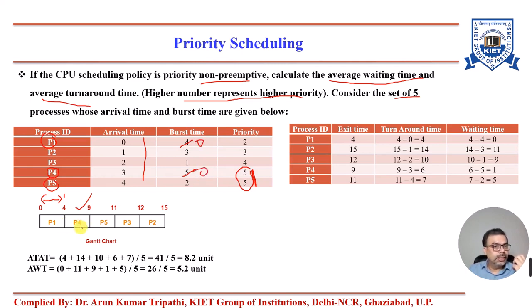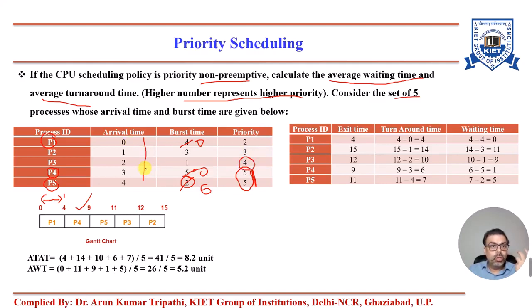So this is the process P4. Then after that there is the priority of P5. Then P5 will execute and its remaining time will become 0. So it will take 2 units of time. Then the remaining processes are two, P2 and P3, so we again check for the priority.